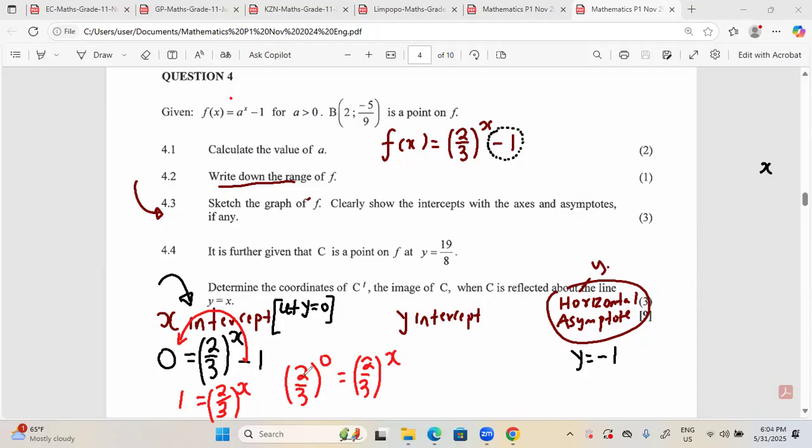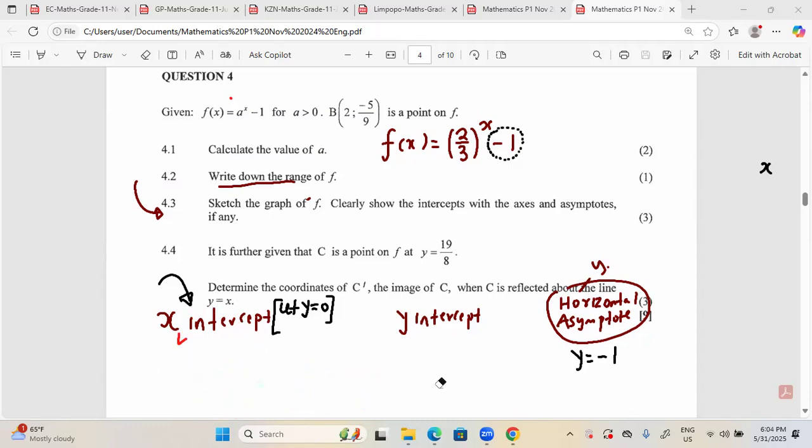This 2 over 3 to the exponent 0 is this one. Why am I doing this? I wanted the base to be the same. My base on the left is 2 over 3. My base on the right is 2 over 3. Then x equals 0. So this is my x-intercept. My x-intercept is 0. So let me write it: x equals 0.